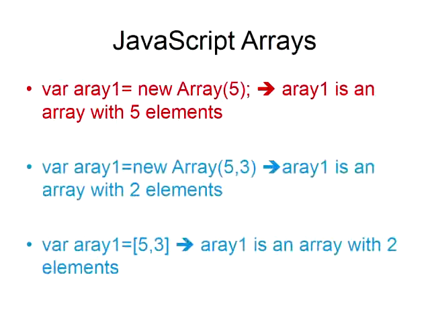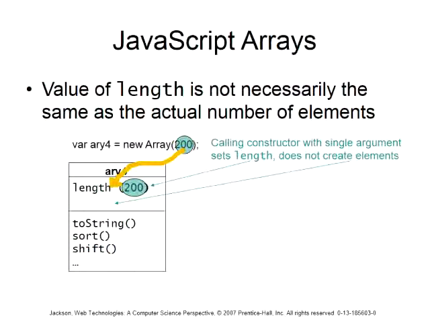And if we write var array1 equal [5, 3] like this, array1 is an array with 2 elements. In the previous example, 5 will be the length. So if we create an array with one value, this value will set the length.